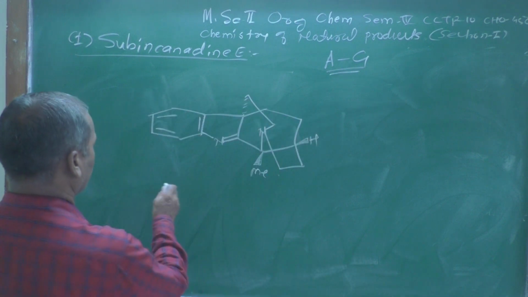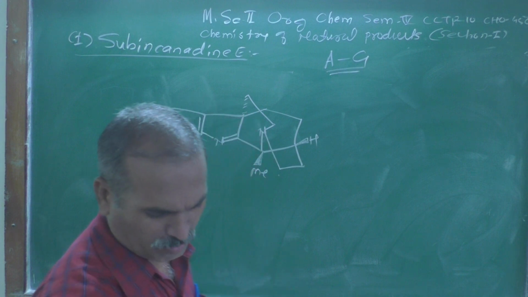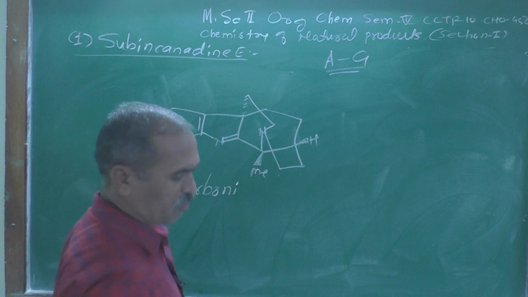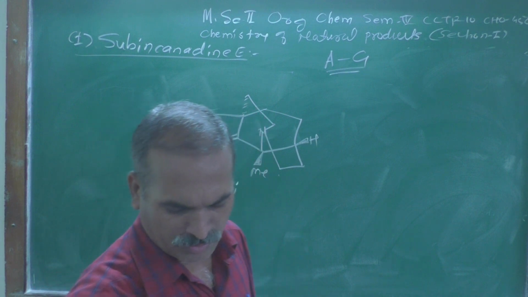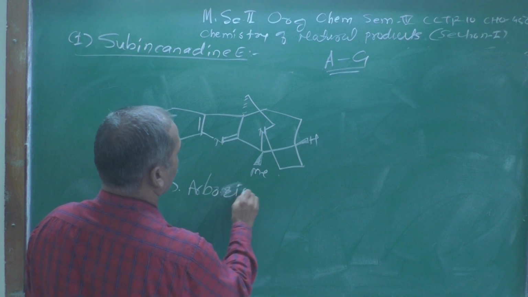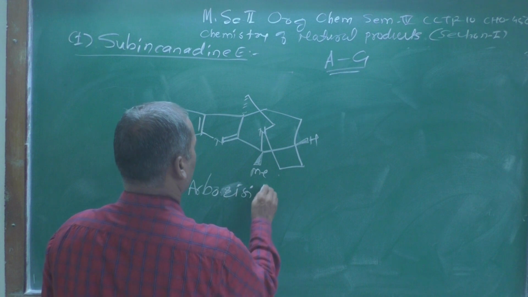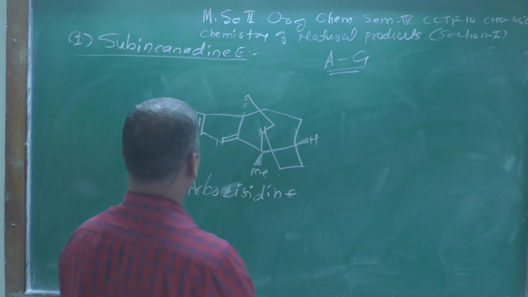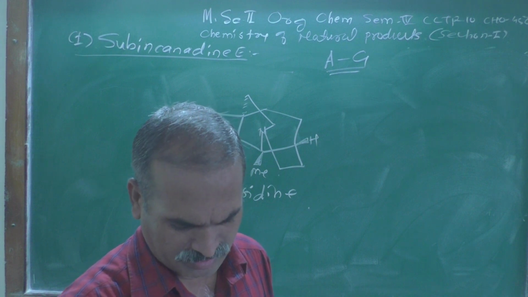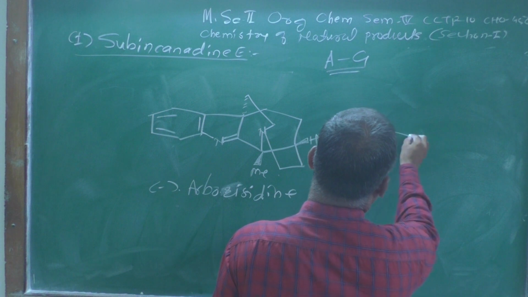The name of this structure is minus arboricidine. That is the structure of minus arboricidine, and the next structure I am going to draw over here.